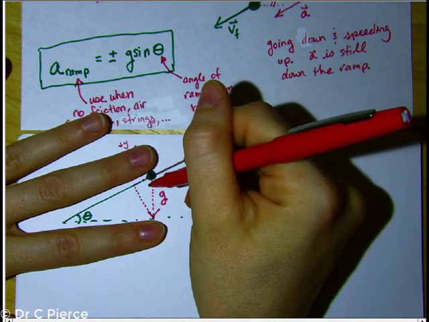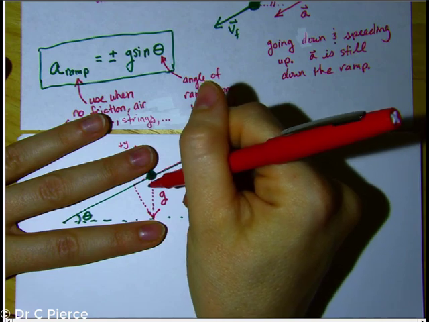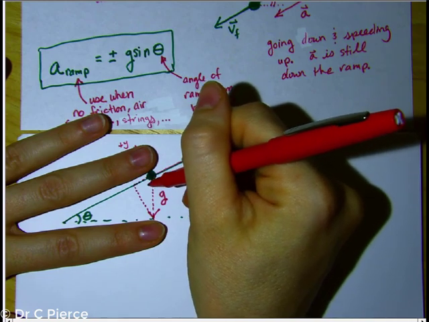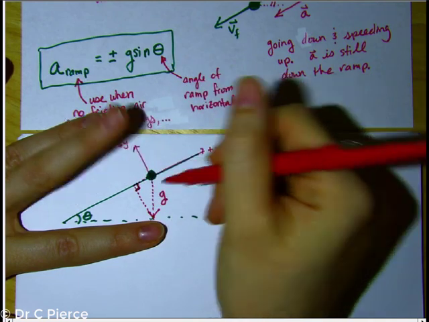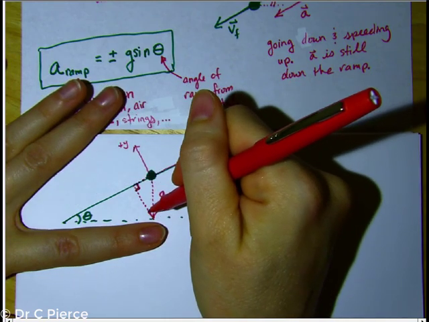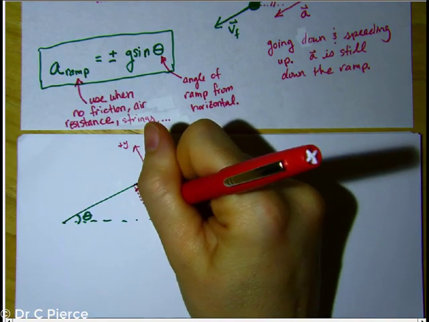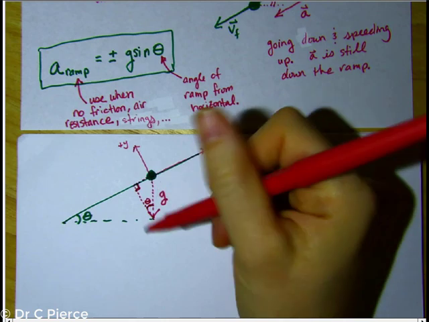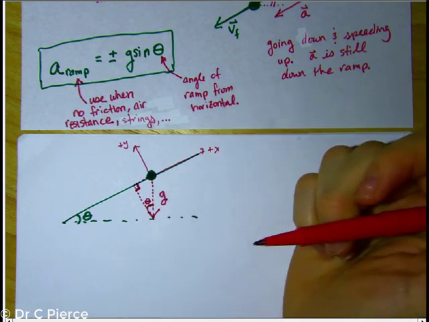So now let's remember that this is 90 minus theta right here, and look at this small red triangle that I drew. So this is 90 minus theta. This is 90 because it's parallel to my x and parallel to my y. So that means that this is also theta right here. So 90, 90 minus theta, and theta.